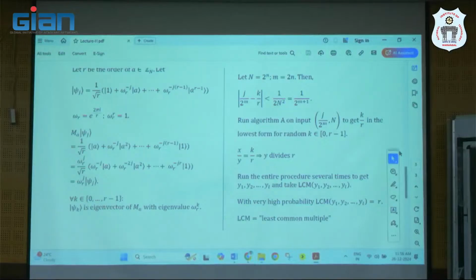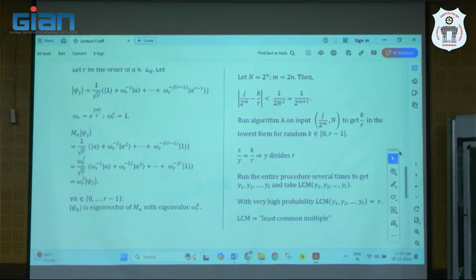Then using j over 2 to the m we got an approximation which is this close using the continued fraction algorithm. But our fact is telling us that there is a unique such thing. That means it must be k over r in the simplest form, correct? That means that what the continued fraction algorithm will return to us, x over y, must be equal to k over r in the simplest form.